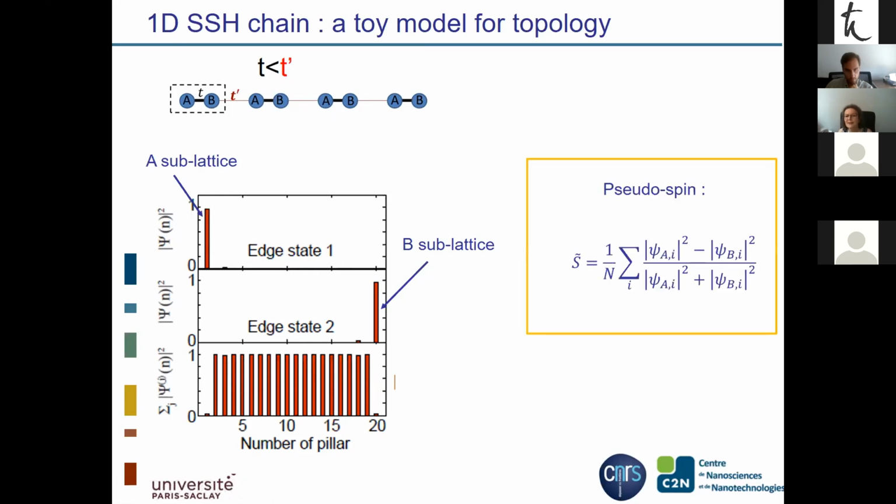And you can define a sublattice pseudospin, which is defined as the relative component of the wave function that you have on the A versus the B sublattice. So we will define a pseudospin S, and this is equal to 1 for the left edge state and to -1 for the right edge state.